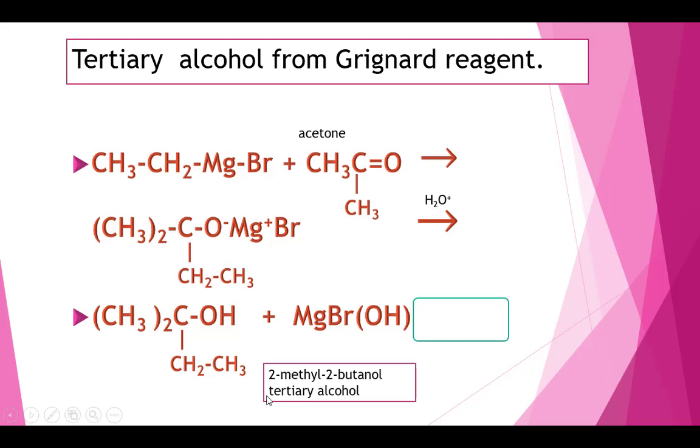This alcohol is tertiary alcohol because the carbon with which this hydroxyl group is attached is further bonded with 3 carbons, 2 methyl groups and 1 ethyl group. So this carbon is tertiary carbon, and this type of alcohol is tertiary alcohol.